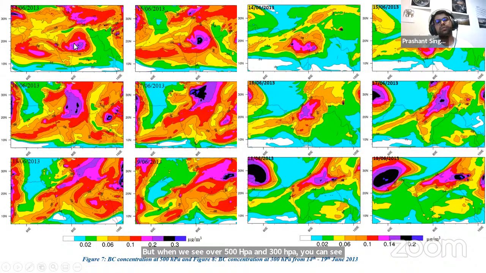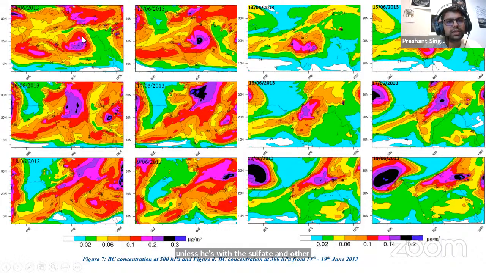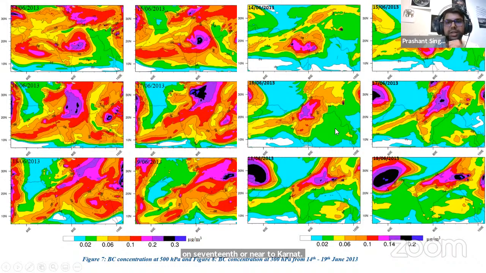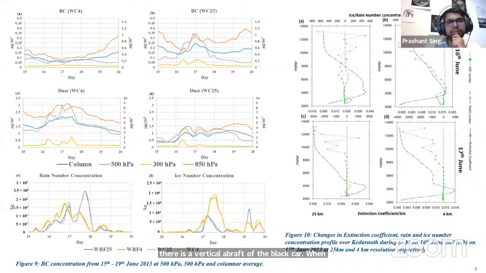We performed a similar analysis with sulfate and other species too. On 14th and 15th, at 500 hPa, a significant amount of black carbon and other aerosol was trapped, which moved to the central part and the west on 17th near Kedarnath. Similarly, you can see it over 300 hPa. So a vertical updraft of black carbon and other species was observed.